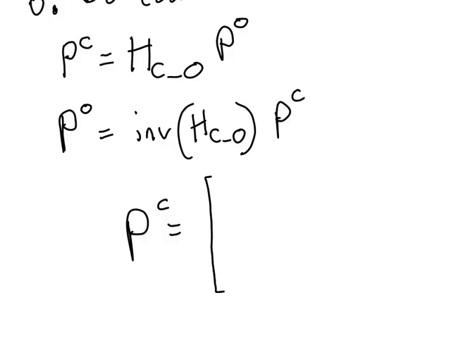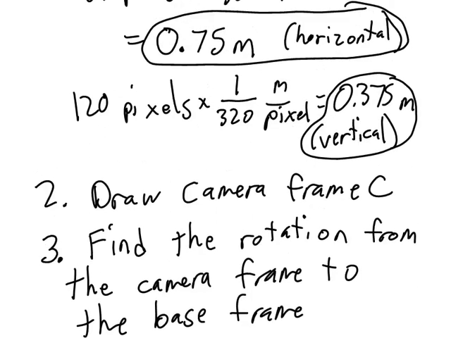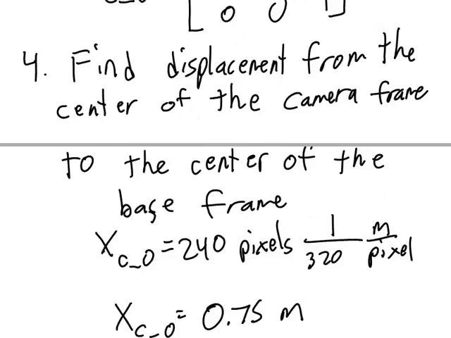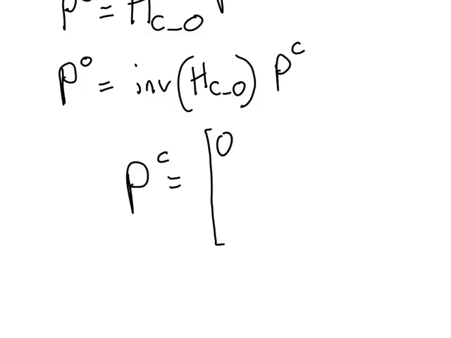So the point in the camera frame starts with the x value. The x value is the vertical value, so we'll fill in 0.375. Next comes the y value. The y value was the horizontal value, which we calculated to be 0.75. The z displacement is 0 because all of the points are on the ground.